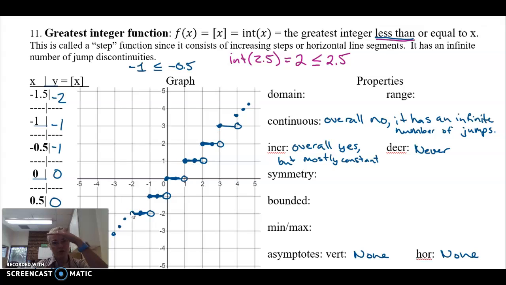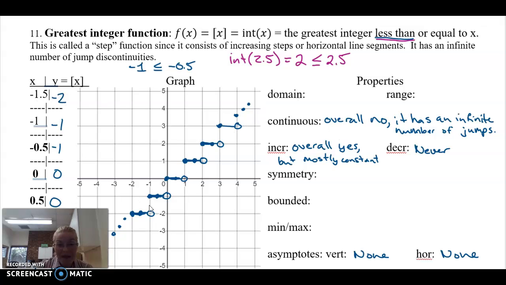So it's this step function. So the greatest integer function, if you're talking about positive numbers, just think it's the integer part. If you're talking about negative numbers, you have to think what integer is less than this negative number. So negative 1.5, negative 2 is the integer less than negative 1.5.